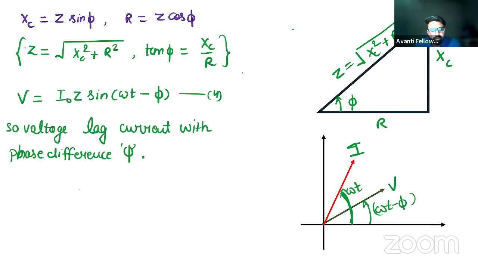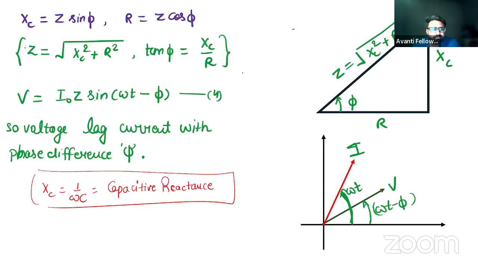So here I write XC is nothing but 1 upon omega C, which is capacitive reactance, the resistance offered by the capacitor in the circuit. Clear? This is capacitive reactance.